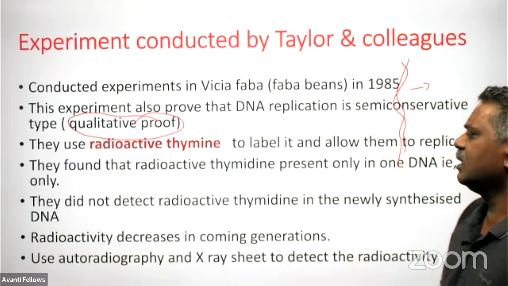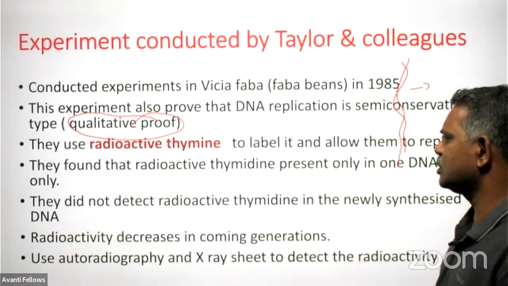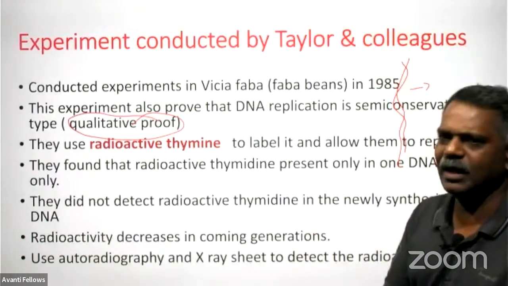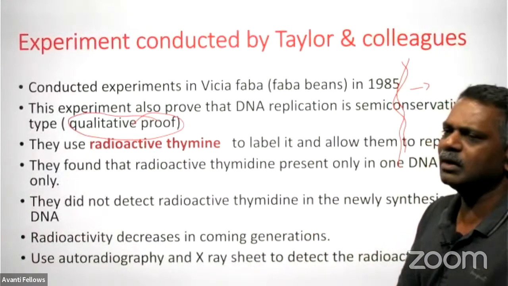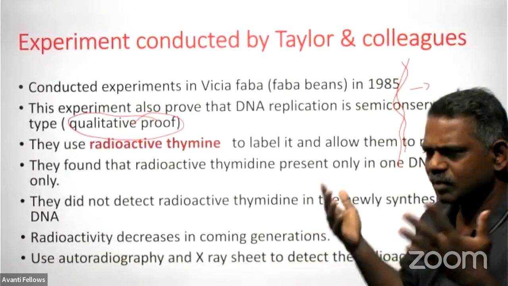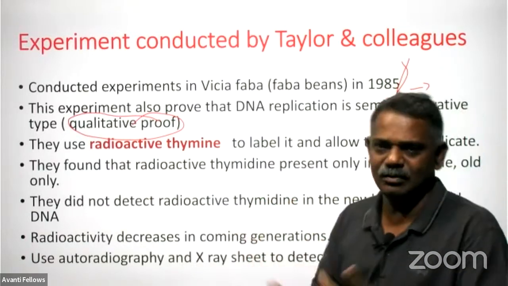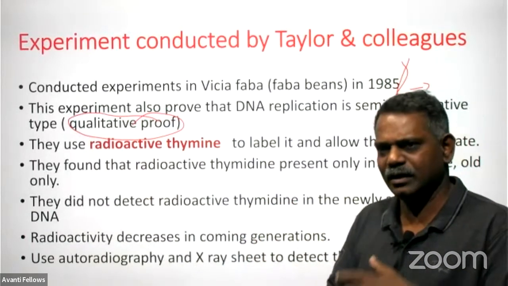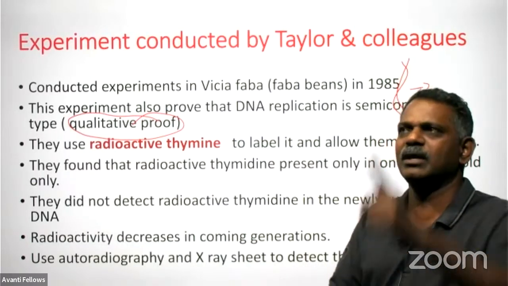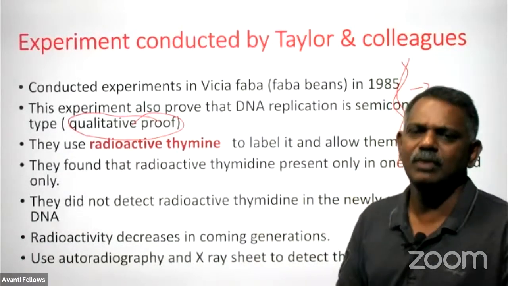And they found that radioactive thymine is present only in one strand of DNA after replication, that is in the old strand only. That only they labeled. And the newly constructed one does not have the radioactive thymine. Why? Because it is newly constructed and it is not the conserved one. So during DNA replication, one strand of the DNA is always conserved and another one is synthesized newly, right?